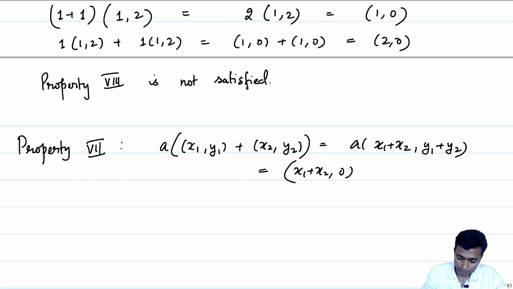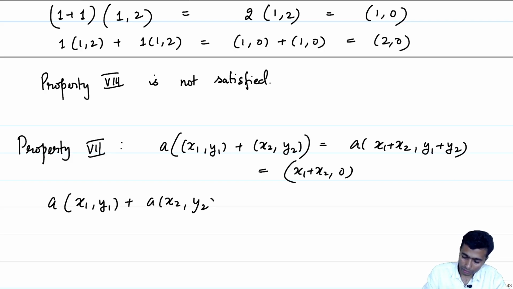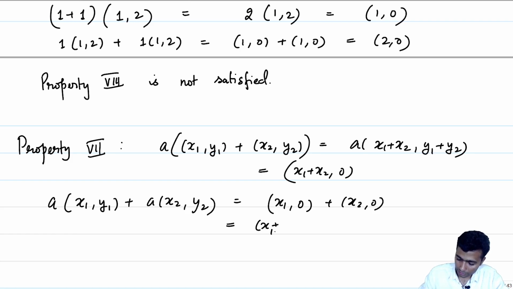And what should this be equal to? This should be equal to a times (x1, y1) plus a times (x2, y2). But what is that? That is equal to (x1, 0) plus (x2, 0), which is equal to (x1 plus x2, 0), which actually are equal, and therefore property 7 is satisfied.